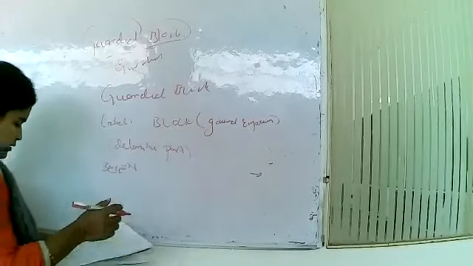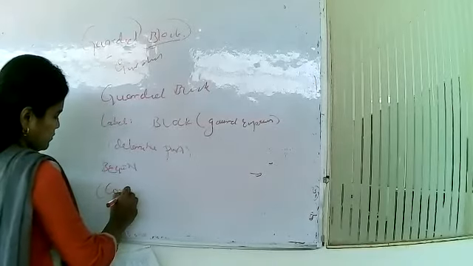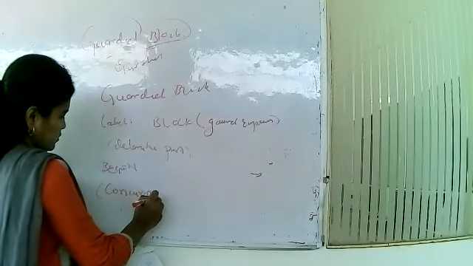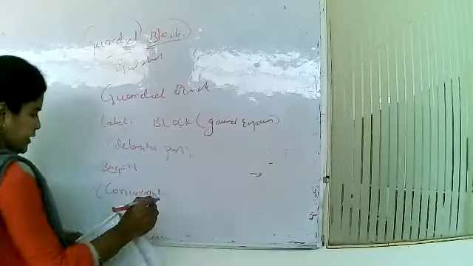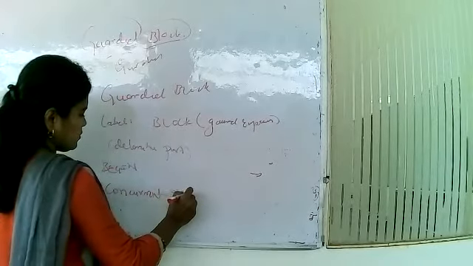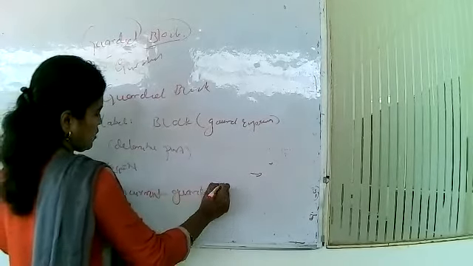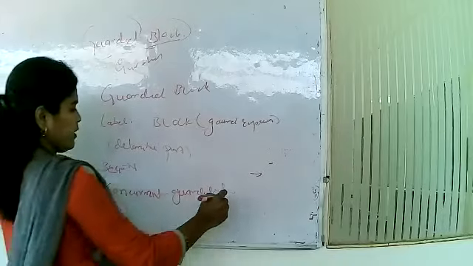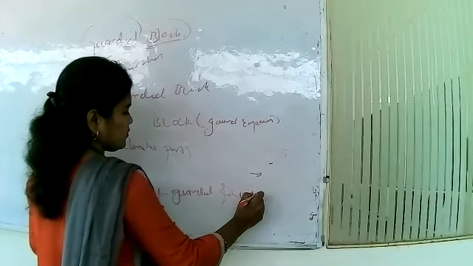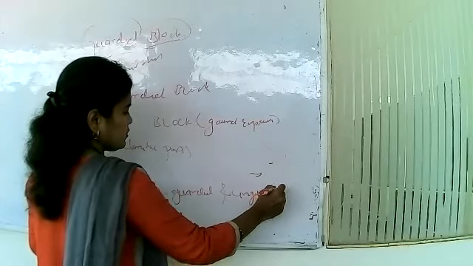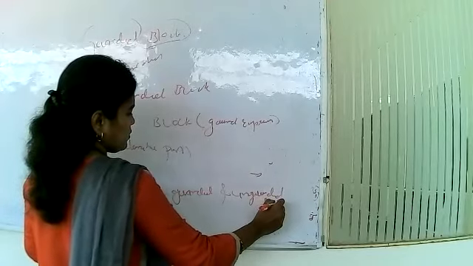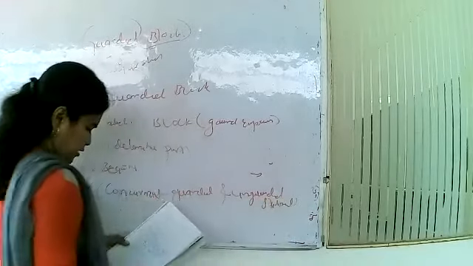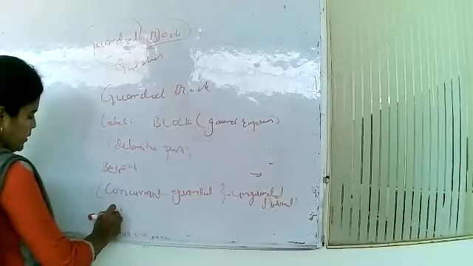So declarative part, begin, concurrent guarded and unguarded statements, and end block label.